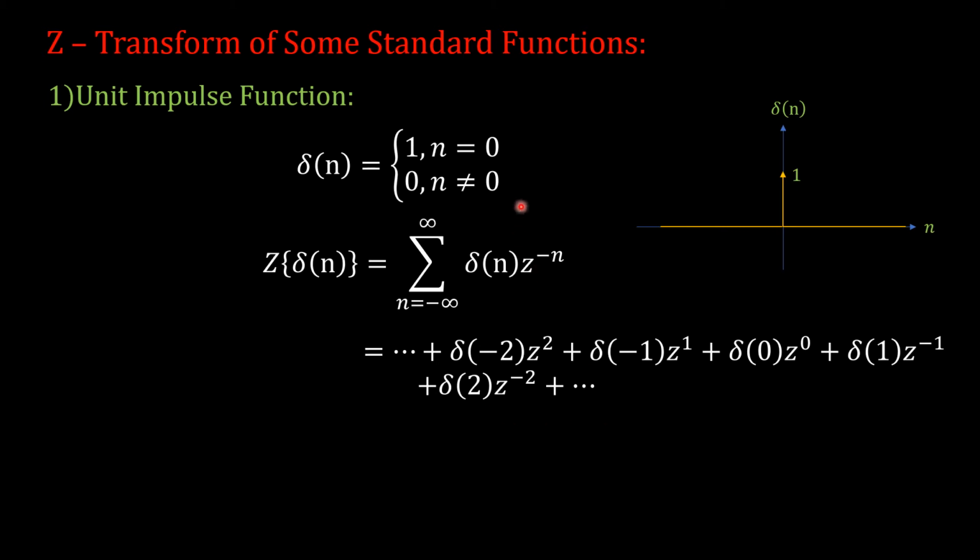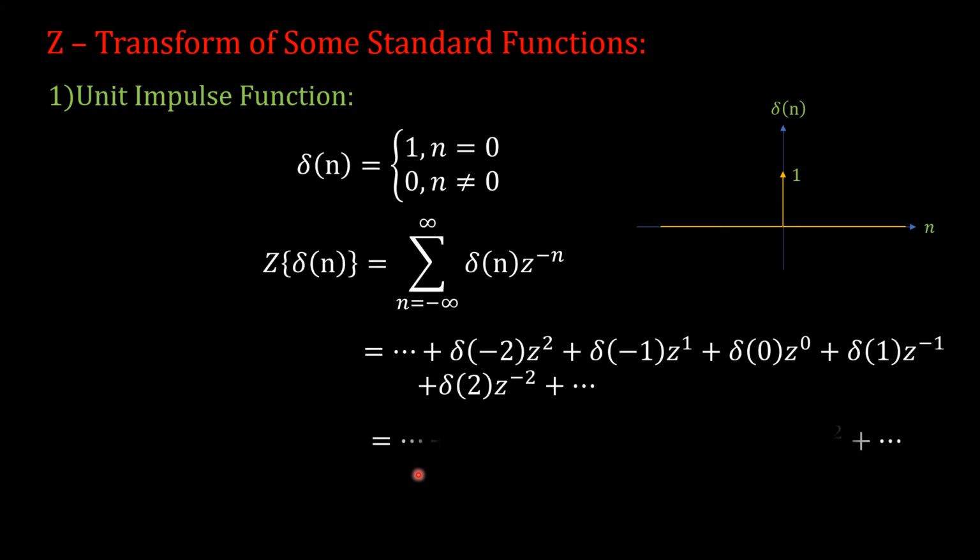Now from the given function, replace the values of delta minus 2, delta minus 1, delta 0, delta 1, delta 2 and so on on both sides, left hand side as well as right hand side of this expression. Delta n is 0 for all values except n equal to 0, that is delta 0 equals 1, remaining all delta values are 0.